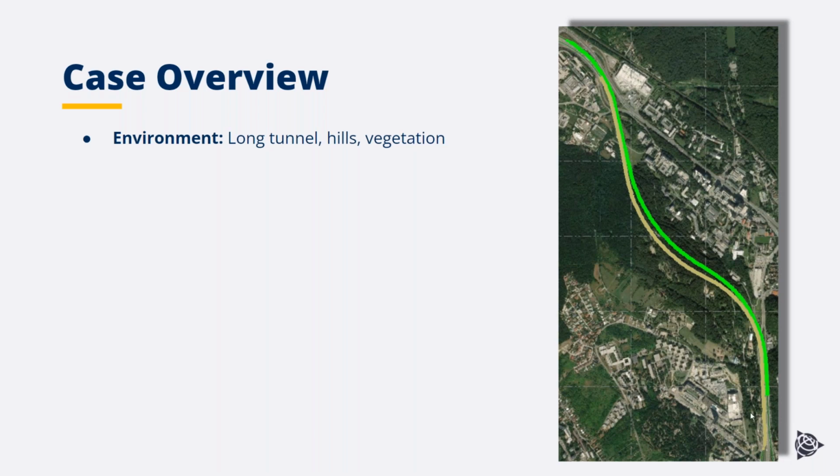So already from that perspective, it's a difficult environment for mobile mapping. The length of the run here is roughly 3 kilometers. The tunnel itself is not 3 kilometers. I think it's something like 1.5 or 2 kilometers, but still a bit longer than usual.